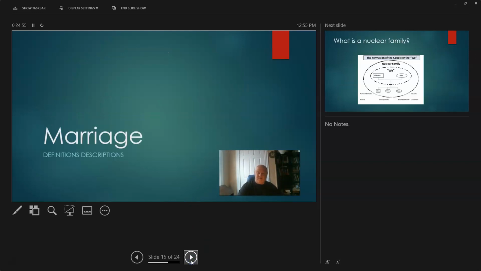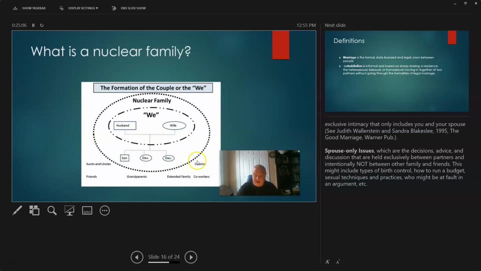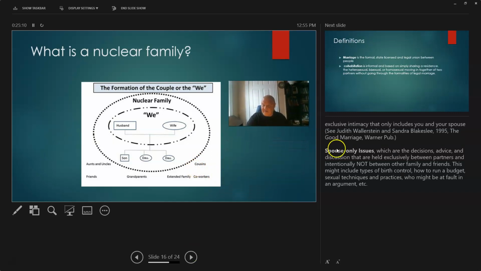So one of the key ways in which family formation takes place, but not necessarily the only way, is marriage. So what's a marriage, basically? We look at marriage because it's an exclusive intimacy that only includes you and your spouse.